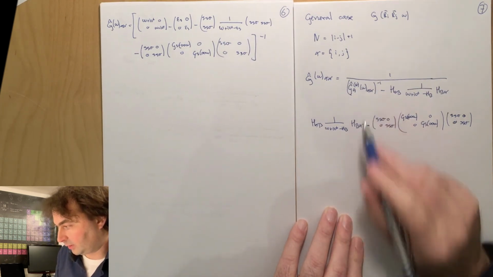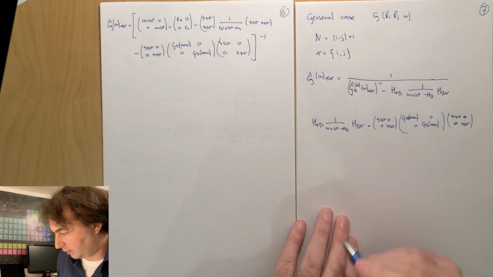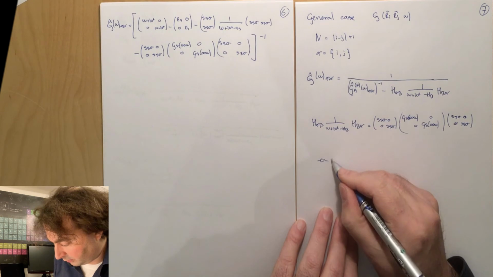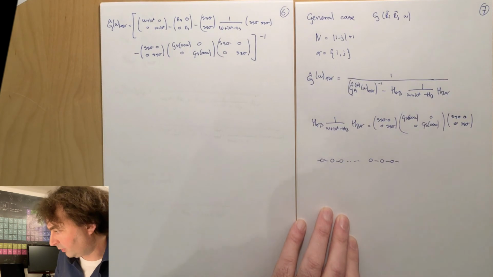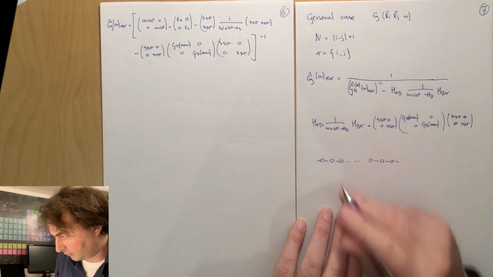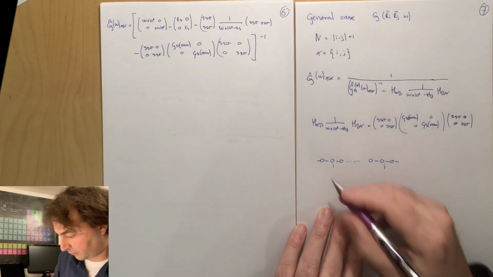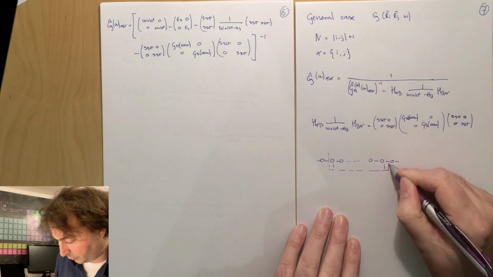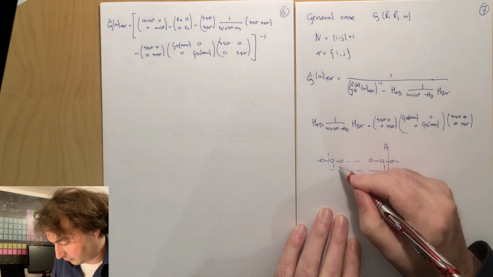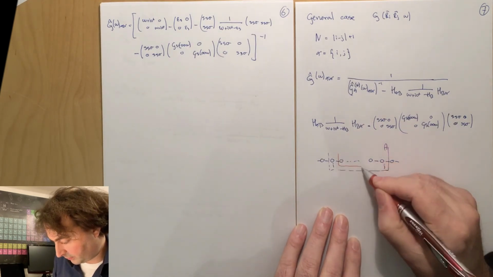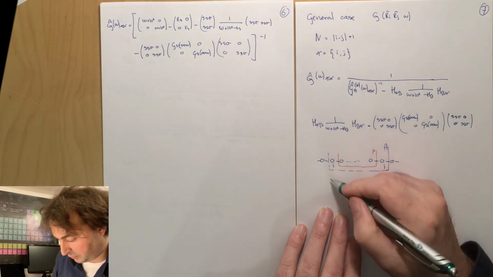Now, in order to calculate this Green's function, we can use induction. And we have our state i and state j, such that we define our subspace A, and we define our subspace beta and the subspace alpha.